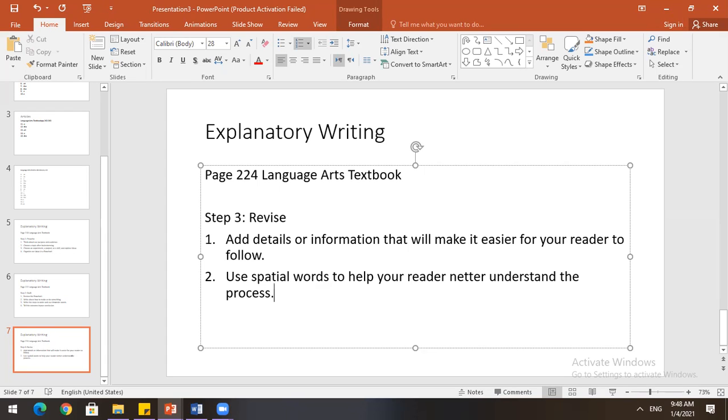Okay, so when we're revising, we add details or information that will make it easier for your reader to follow. This is a process called, what did we say? This is when we elaborate. Okay. Then we use spatial words to help the reader better understand the process. Next, we add details.